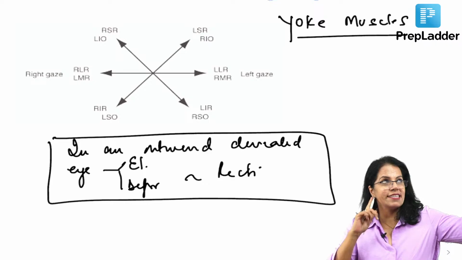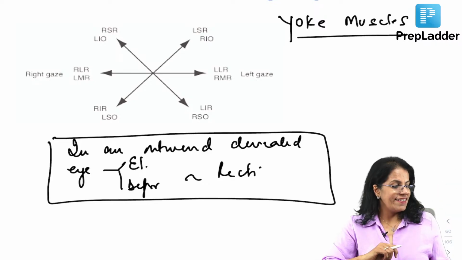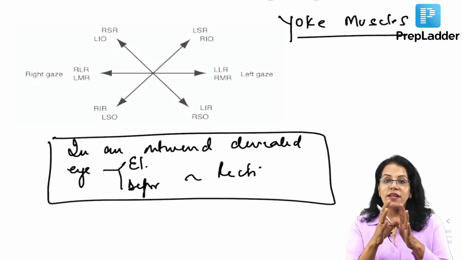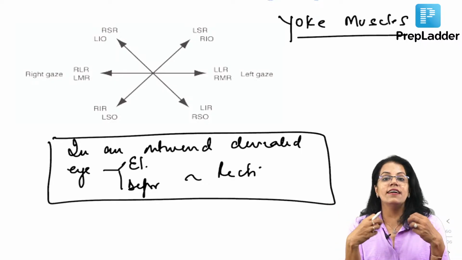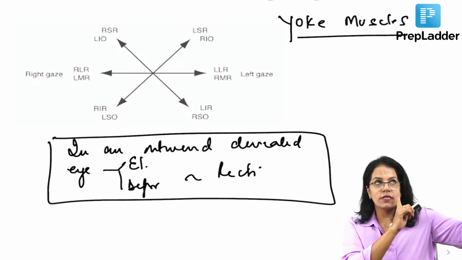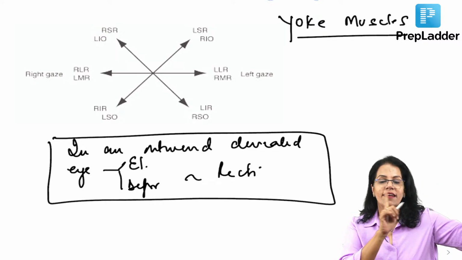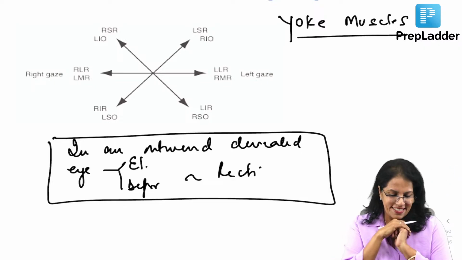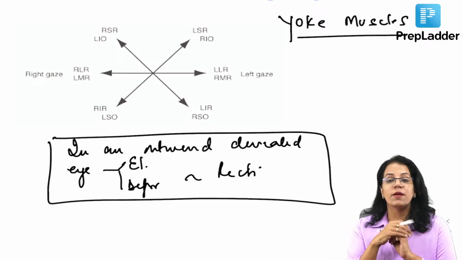Left superior rectus, right inferior oblique. Right inferior rectus, left superior oblique. So whatever eye is outward deviated, it is the recti which act. This is again outward. So it is left superior rectus and right inferior oblique. I think I told this only, no? Yeah. Okay? So please be very clear about this concept.